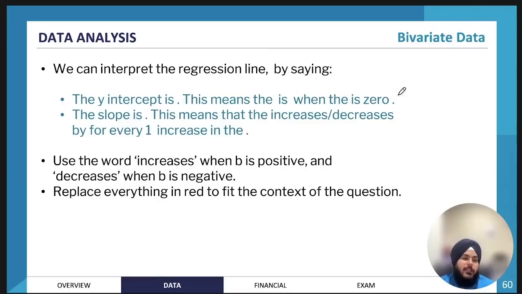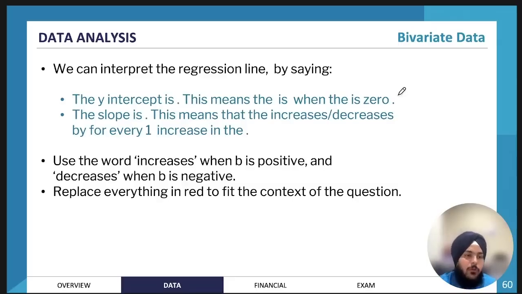In terms of interpreting the slope, the way that you can interpret it is how much the response variable is increasing or decreasing for every 1 unit increase of the explanatory variable. So this will be really useful for determining if the y variables are increasing or decreasing over time.